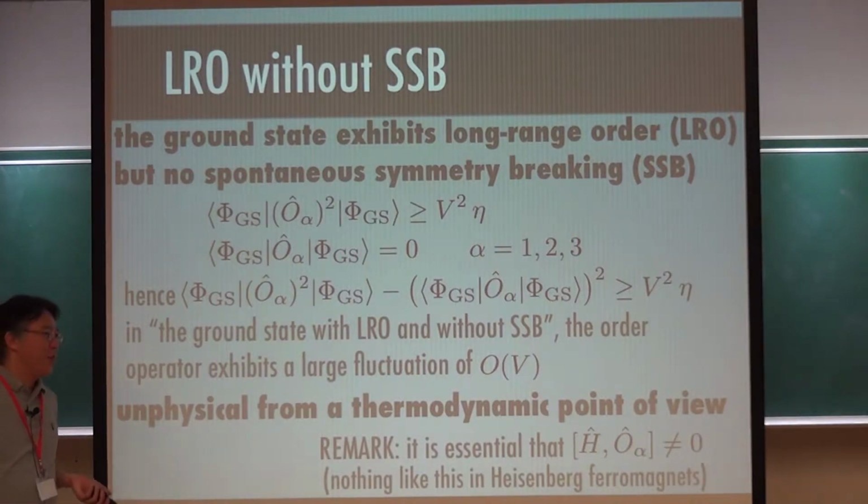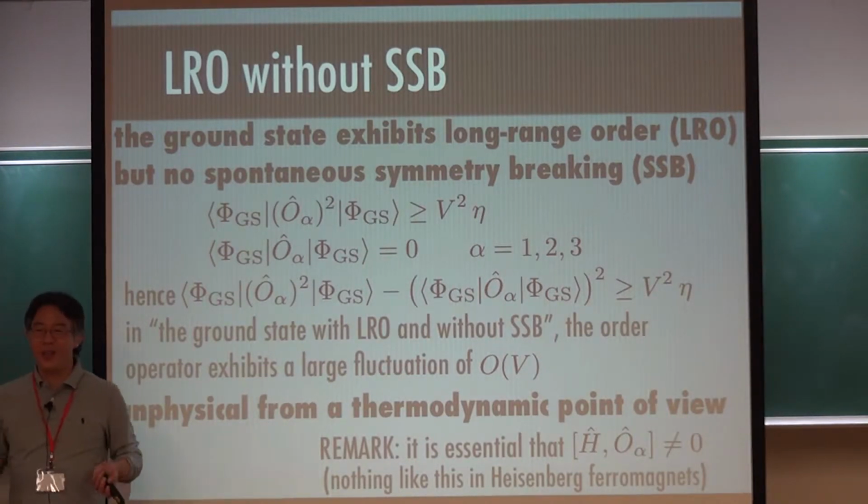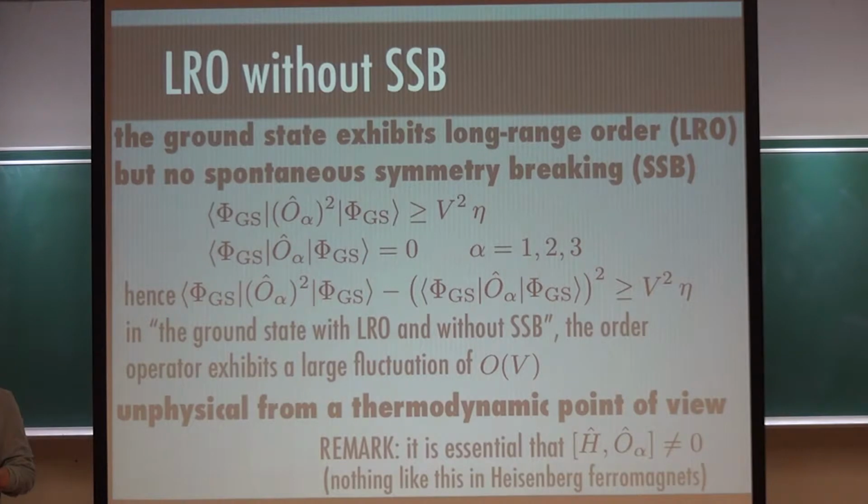I mean, we still don't know what the ground state exactly is, but we know that there is long-range order. By choosing a nice state, you can cook up a state which is totally singlet, but still has long-range order. But of course, if you do an experiment, you don't see this in experiment.